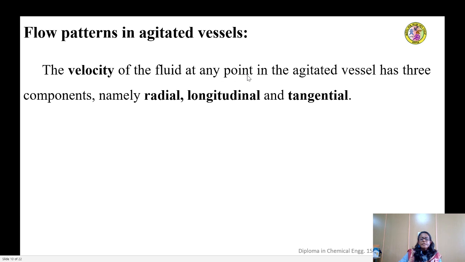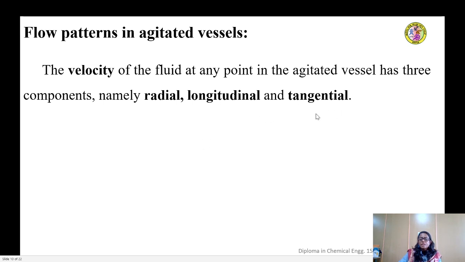The velocity of the fluid at any point in an agitated vessel has three components, namely radial, longitudinal, and tangential. So the velocity is a combination of these components. Depending upon which component is dominant, the type of flow pattern is created. If the radial component is stronger, then it creates a radial flow pattern. If the longitudinal component is stronger, then it creates a vertical current, that is axial flow current.